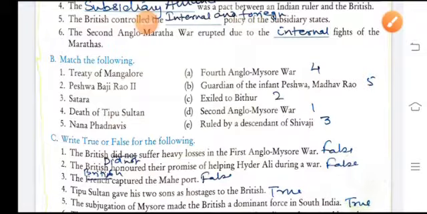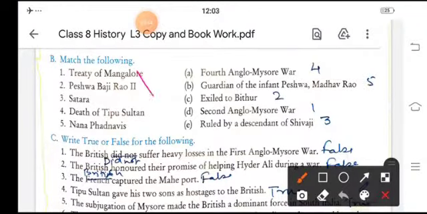Match the columns. Treaty of Mangalore, Second Anglo-Mysore War. Peshwa Bajirao II exiled to Bithur.